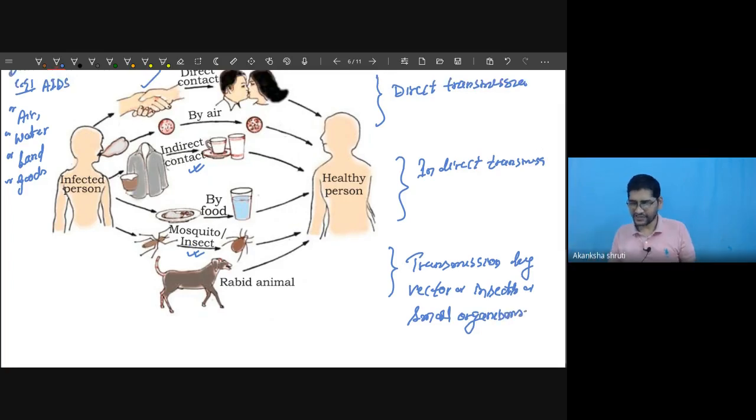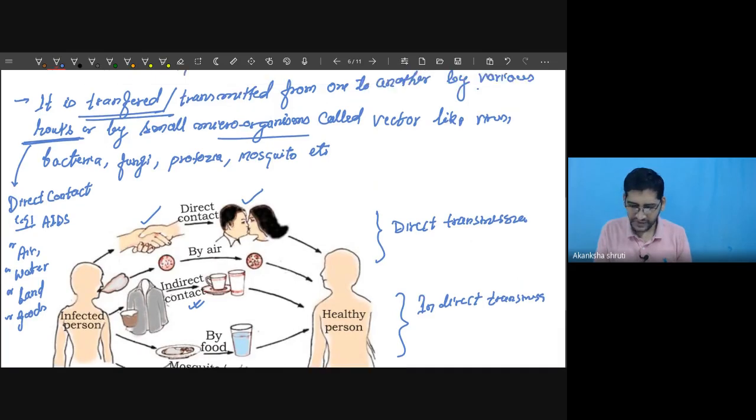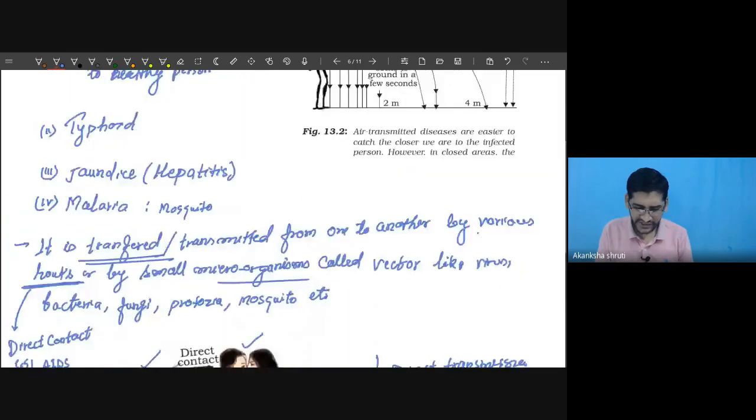These things we have to just understand. So these are the three categories we shall keep in mind. Like for direct contact, what could be the example? The example could be AIDS. The example could be direct coughing, TB.